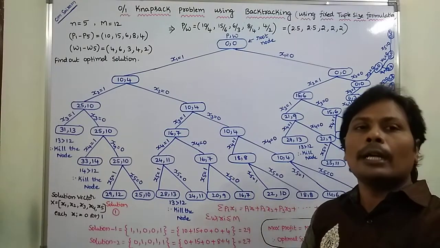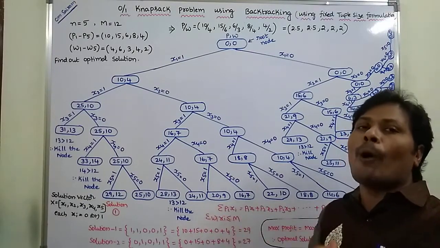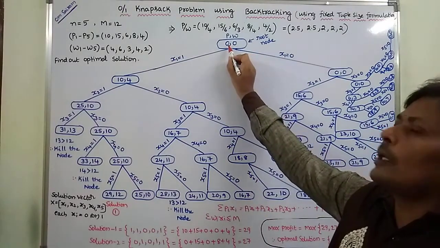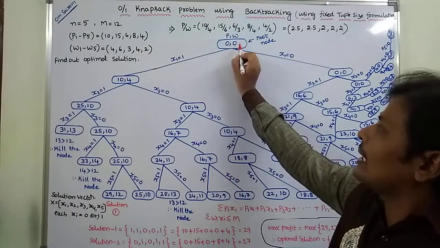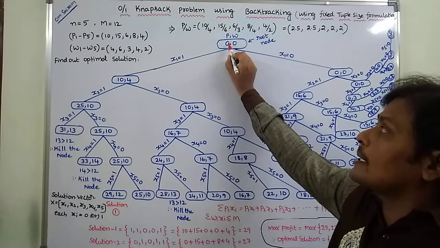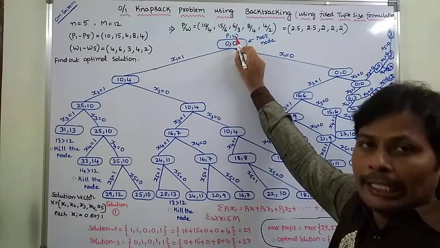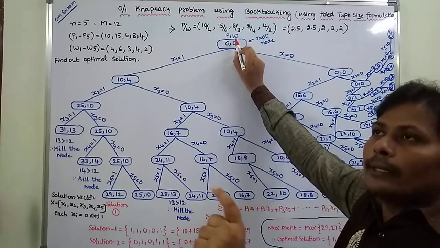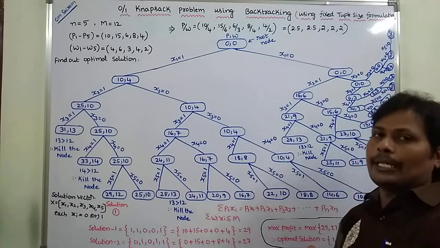So profit is equal to 0 and weight is equal to 0. The root node contains 0 comma 0. The first 0 represents the profit value, the second 0 represents the weight value.